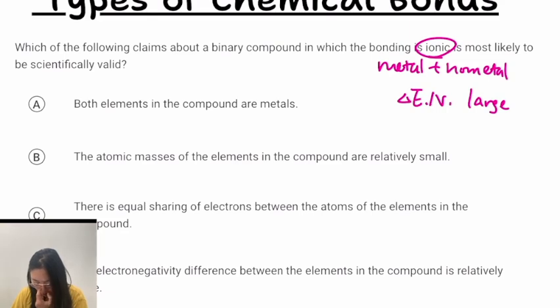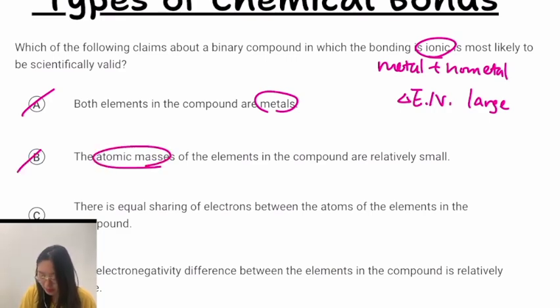Okay, so out of A, B, C, D, A is not correct. Both elements are metals? Well, no, that is metallic bonds. B, the atomic masses are relatively small. Atomic masses have nothing to do with the types of bonds. C, there is equal sharing of electrons between the atoms of the elements in the compound.